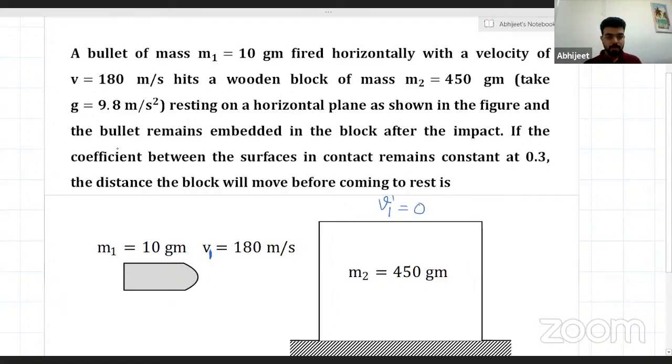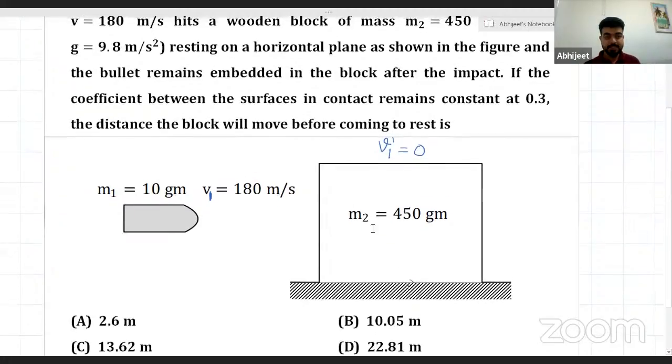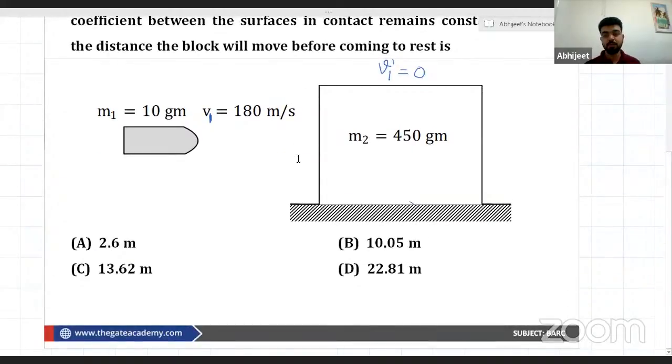Now the bullet remains embedded in the block, which means the bullet is inside the block, so the mass of the whole system is not changed. If the coefficient of friction between the surface and the block is 0.3, we have to find the distance the block moves before coming to rest.